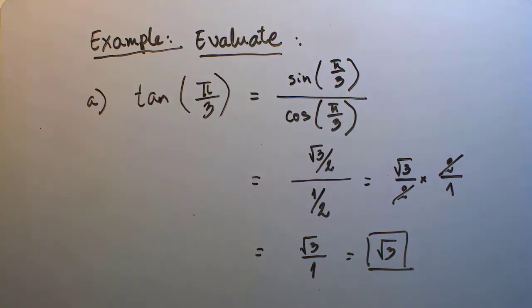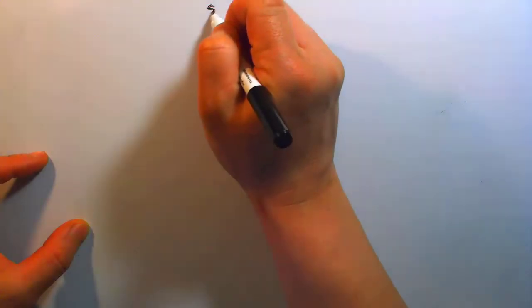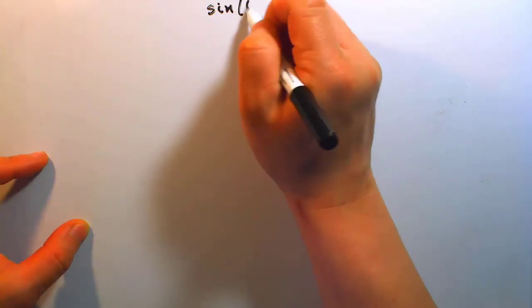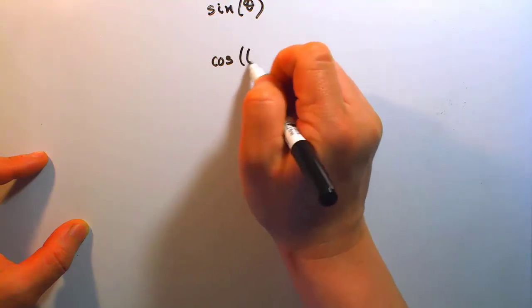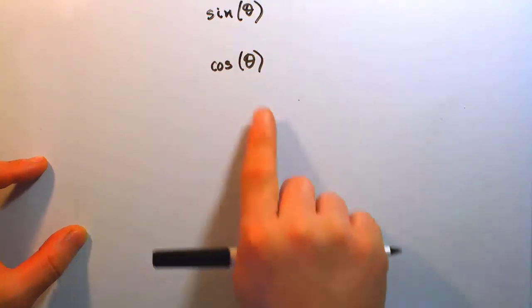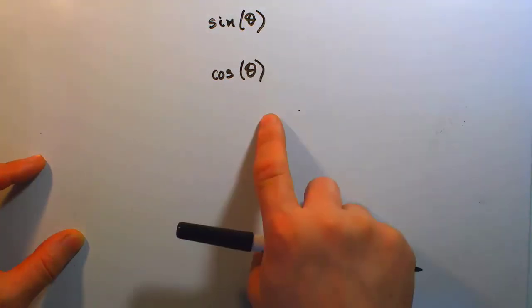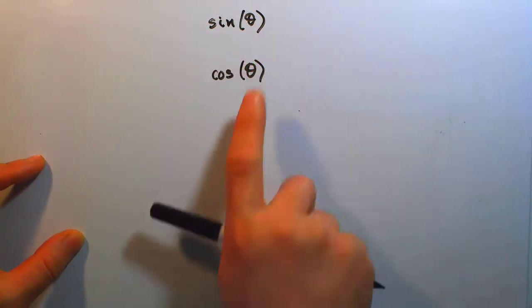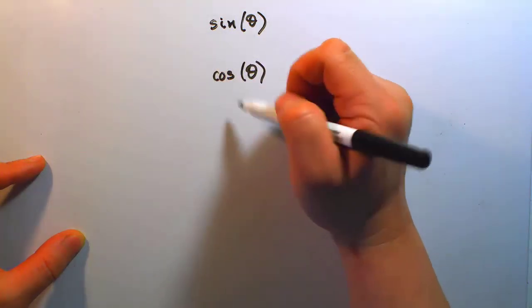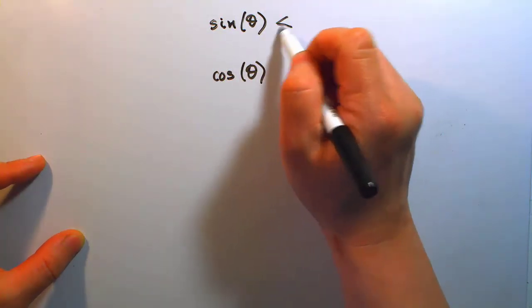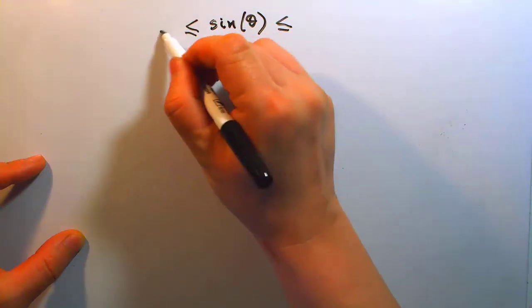And here I just need to make a note right after this example. Remember how I talked about anytime we're working with sine theta or cosine theta, regardless of which angle theta we're working with, the output value for the sine and cosine functions can only be anywhere from -1 as the least to 1 as the most.